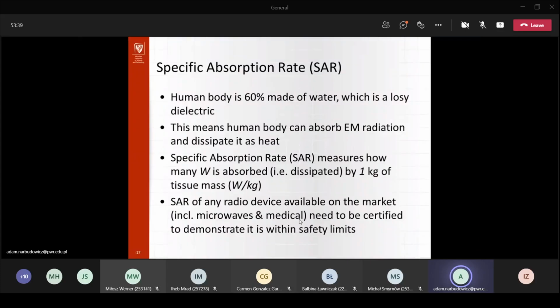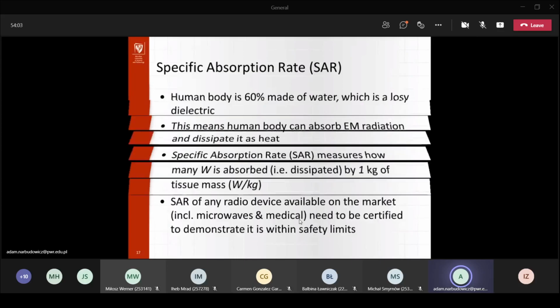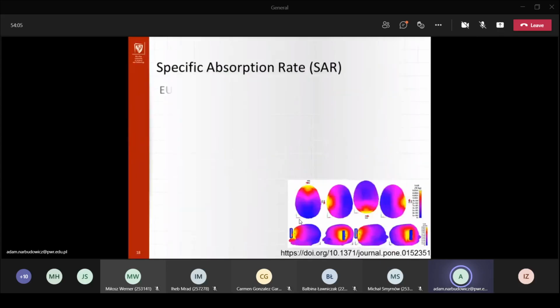It needs to be certified, to demonstrate that the specific absorption rate values are within safety limits, right? So this is basically a very rigorous safeguard, in order to prevent any damage to us, and any health issue in the general public. Okay.